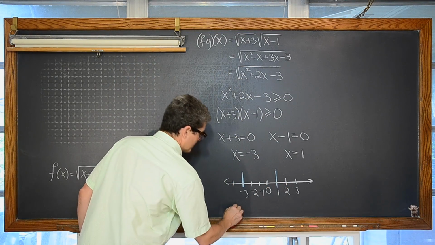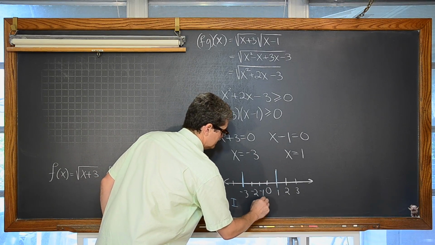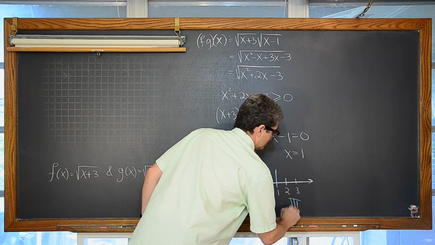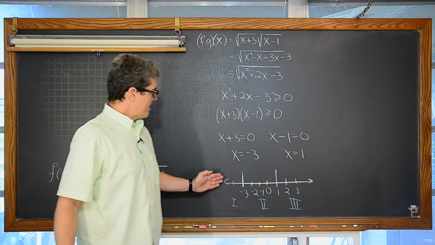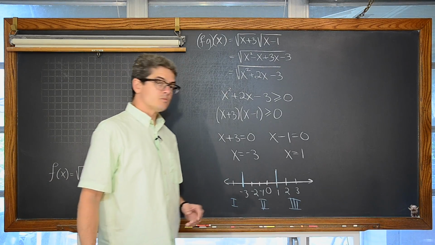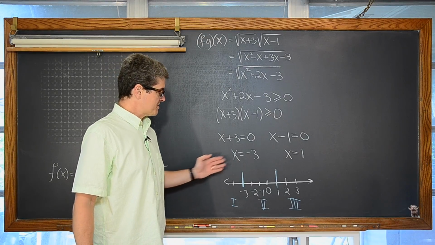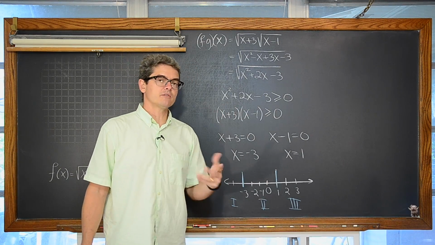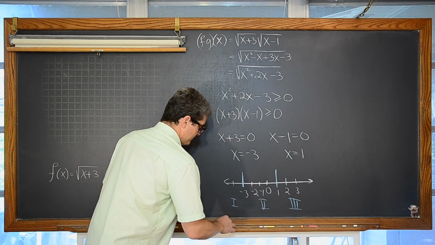You've got an interval to the left of -3, an interval between -3 and 1, and then a third interval from everything to the right of 1. And you can think about putting numerical values within this expression, one from each interval, and see if this expression would come out to be positive or negative, like if you go to -4.